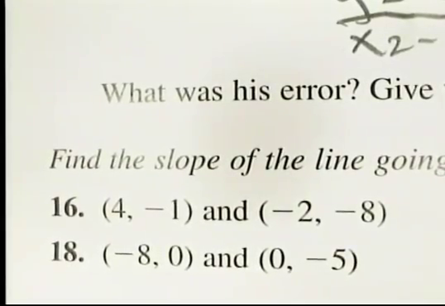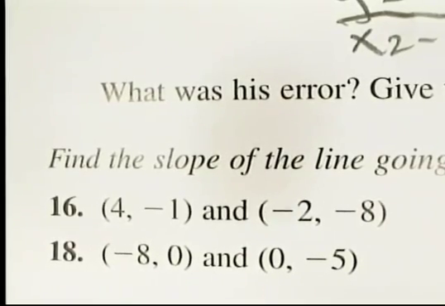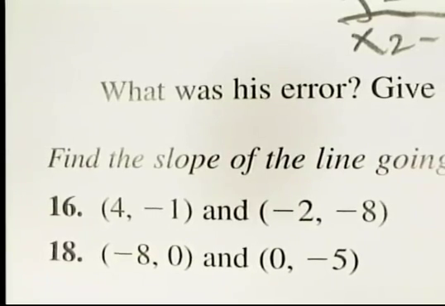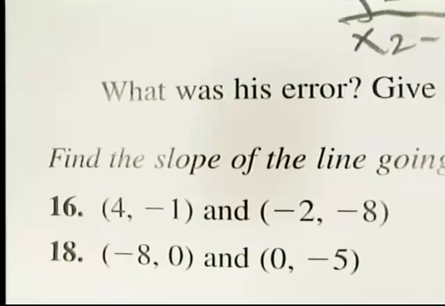We have (4, -1) and (-2, -8), right? So we have 2 ordered pairs. By the way, which is point 1 and which is point 2? The way we've tried to work this, the second one is point 2. The (-2, -8) would be P1 because it has the x to the left. (4, -1) is P2.